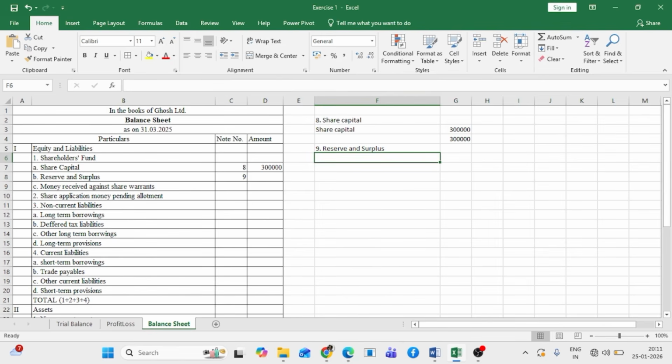We need to see. So only the general reserve balance is there. Okay, so we'll write first general reserve. What is the balance? Balance was 1,50,000. Along with this, what is the current year transfer to general reserve? Okay, that you need to add.